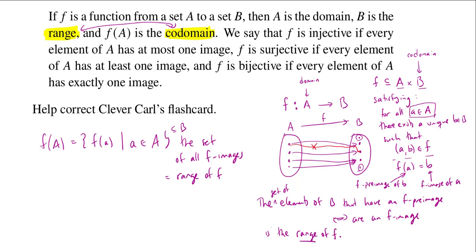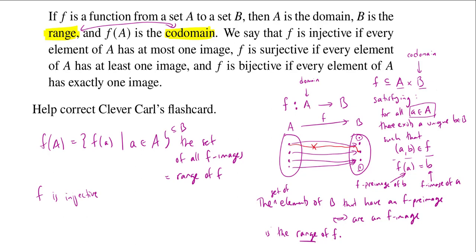In fact, injectivity starts from the codomain. It's what we call a right-to-left condition. So injectivity, not if every element of A has at most one image. That's going from left to right.